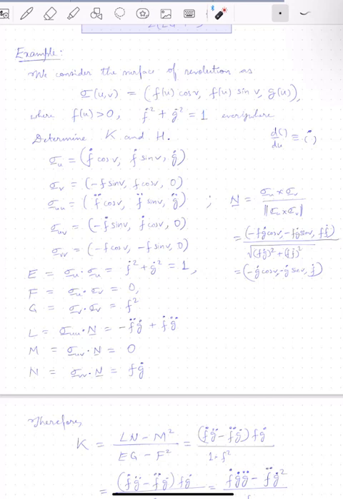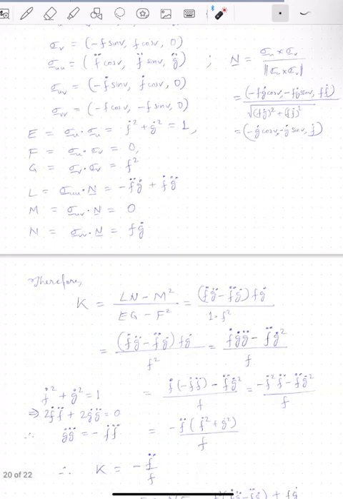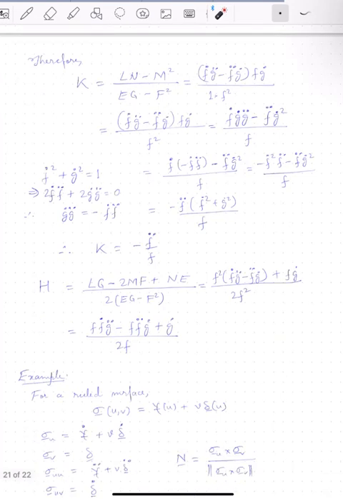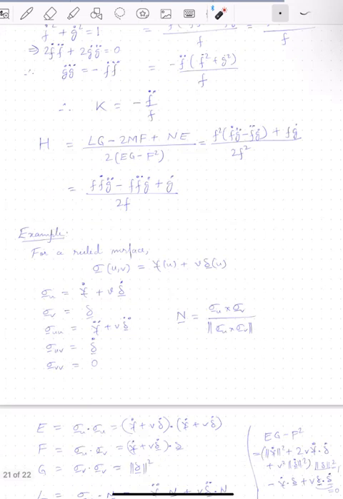Okay, so now we moved on to determining K and H. Eventually we were able to determine K as minus f double dot by f, and H as f dot g double dot minus f double dot g dot plus g dot, divided by 2f.